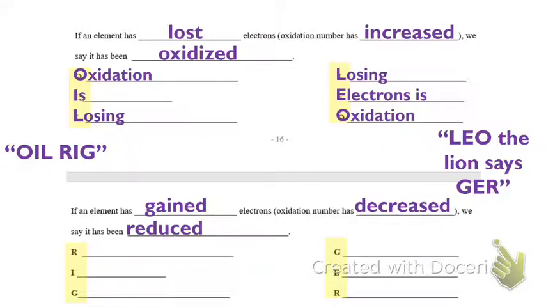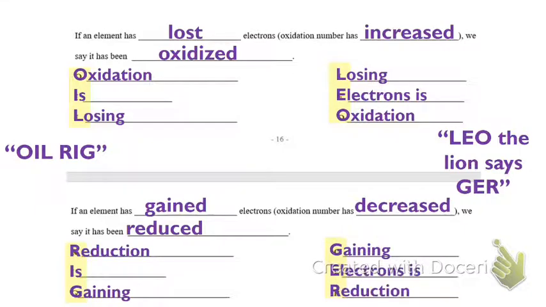And then the RIG part of OIL RIG tells us reduction is gaining. And the GER part of Leo the lion says GER is gaining electrons is reduction. So either remember OIL RIG, oxidation is losing, reduction is gaining, or Leo the lion says GER, losing electrons is oxidation, gaining electrons is reduction. Your choice. Or come up with something on your own or find something else. I'd love new tricks to remember this stuff.